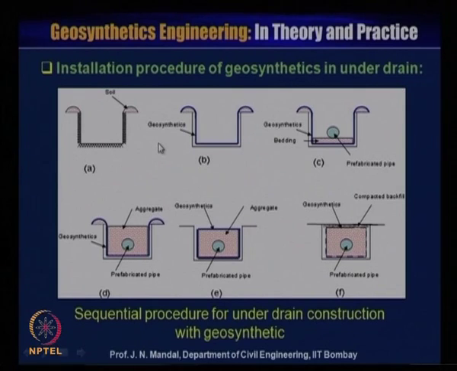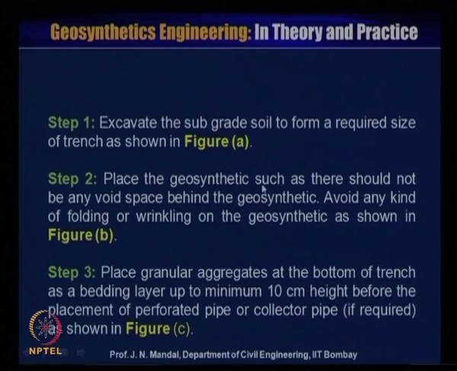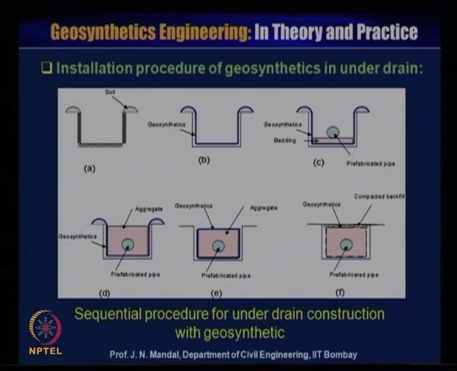Next, you place the geosynthetics such that there is no void space behind them. Avoid any kind of folding or wrinkling on the geosynthetics. So, you place this geosynthetic material like that, and there should not be any wrinkling, and no void should develop.